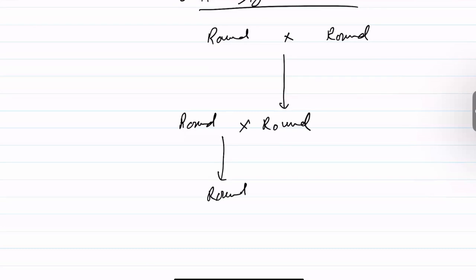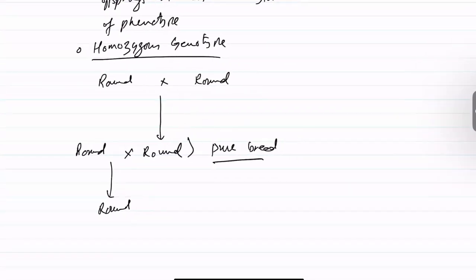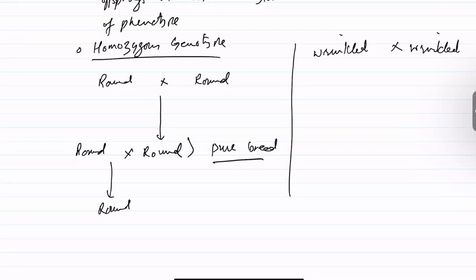So such an individual is known as a pure breed. Similarly, if it is wrinkled crossed with wrinkled, and all the offsprings produced are wrinkled, so this is a pure breed.